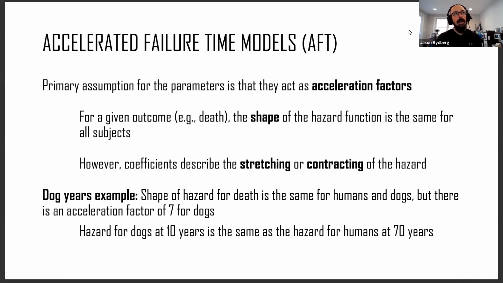So the primary assumption in these models with this multiplicative effect is that when we take essentially the not hazard ratios, but we'll call AFT ratios, accelerated failure time ratios, we have some hazard function of a particular shape, and these ratios can be used to describe the stretching or contracting of essentially that survival time, depending on different characteristics.